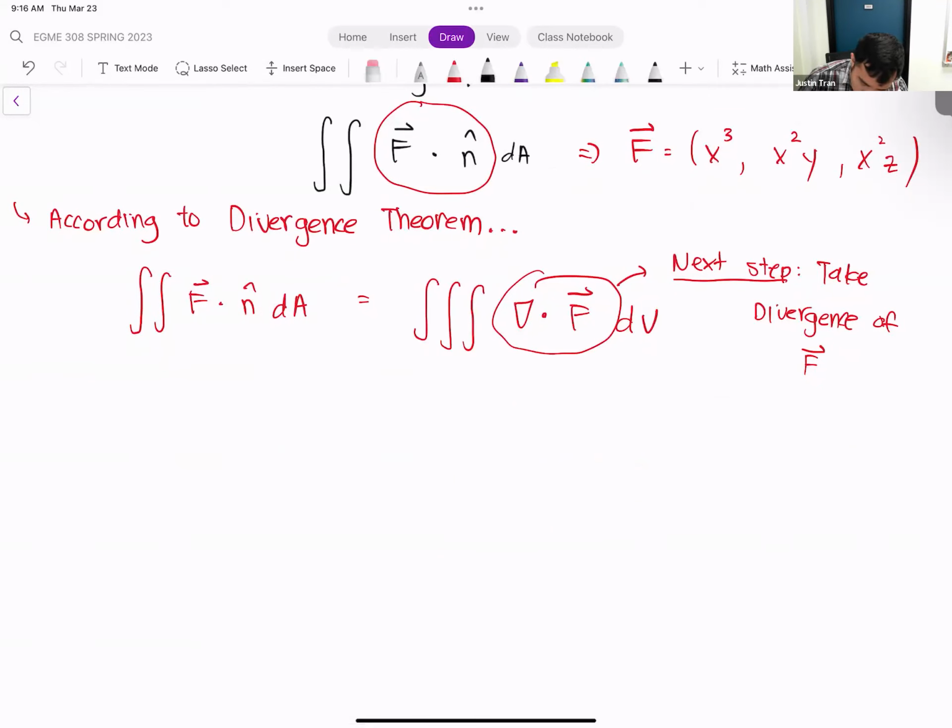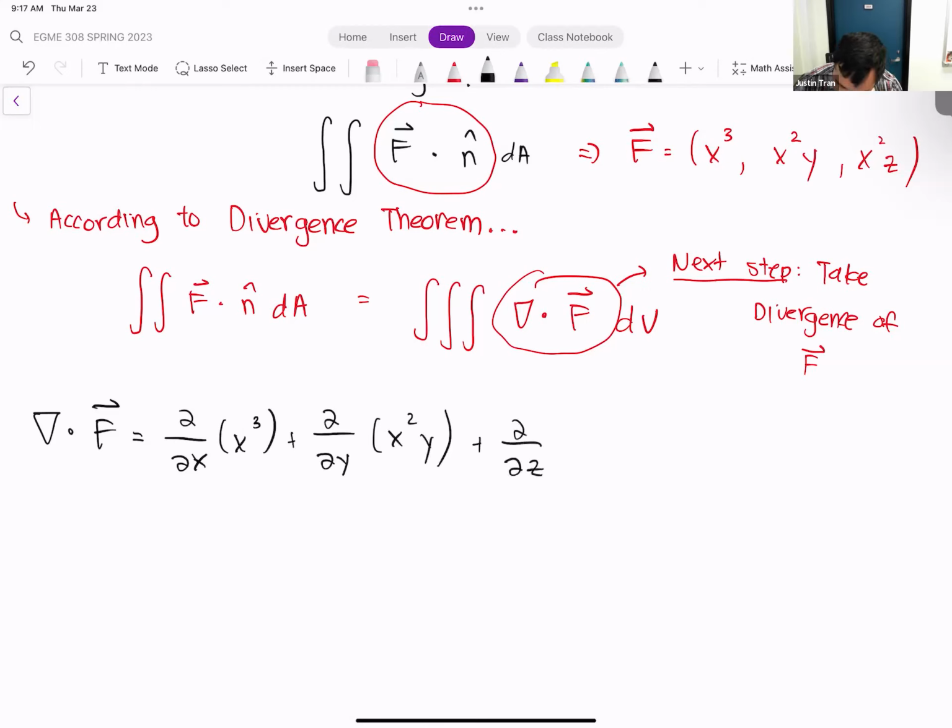And so the divergence of F is the partial with respect to x of x cubed, plus the partial with respect to y of x squared y, plus the partial with respect to z of x squared z.